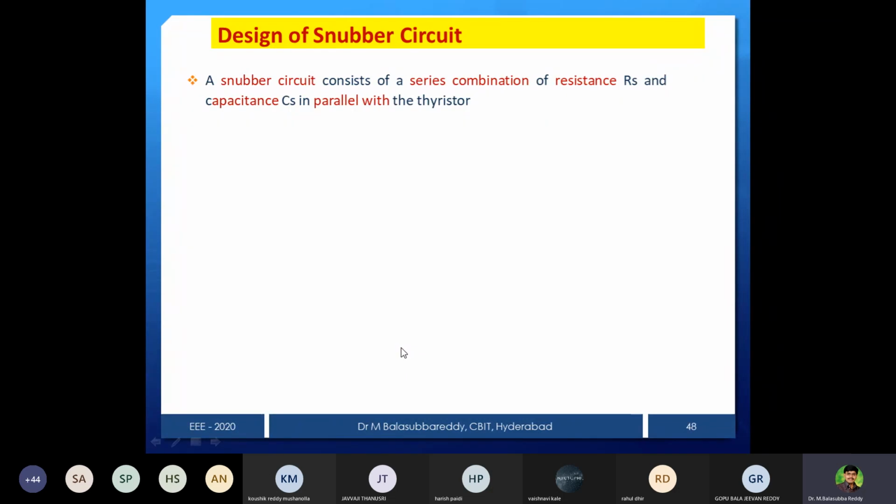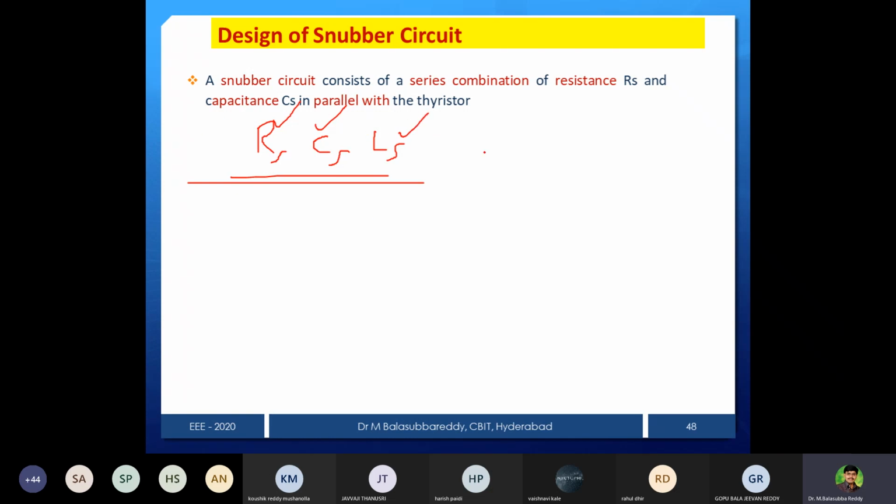Now we'll see the design aspect. What are the design parameters here? You cannot simply connect any value of inductor, capacitor or resistor. You need to design these parameters: RS, CS, and L or LS. These are the snubber resistor, snubber capacitor and di by dt inductor.